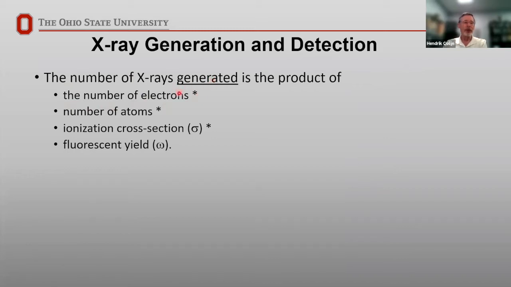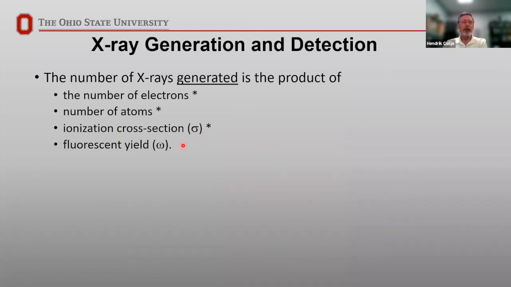So the number of X-rays generated is the product of the number of electrons times the number of atoms you have in your sample, times something known as the ionization cross-section, which is the probability that that electron will ionize the atom. And then you have the fluorescent yield, which is the probability that that ionized atom actually emits an X-ray.